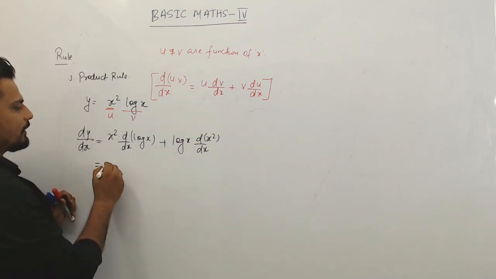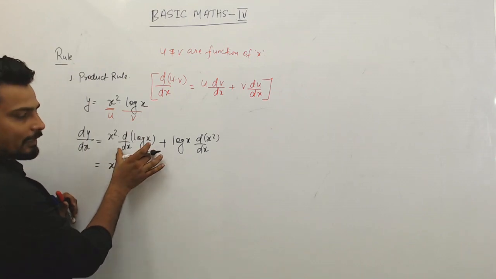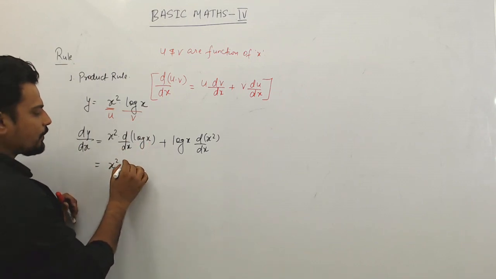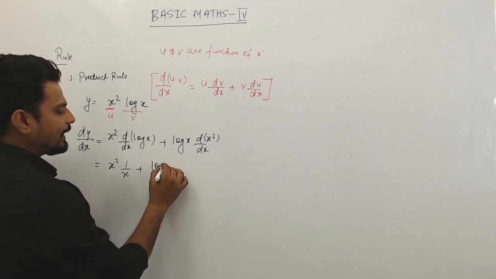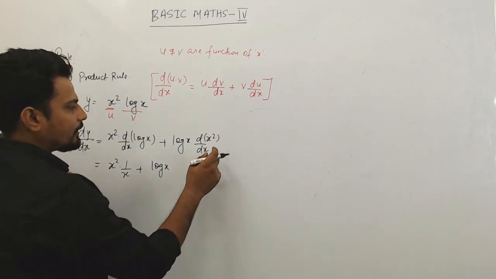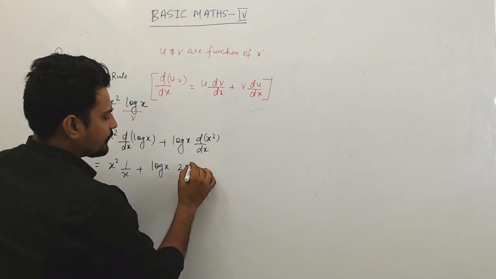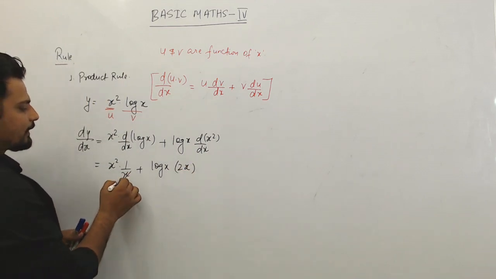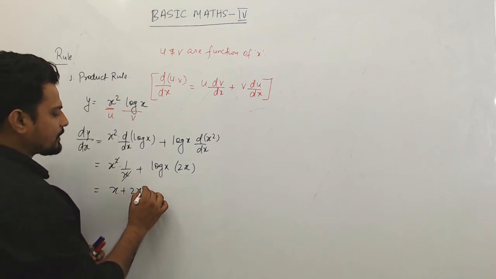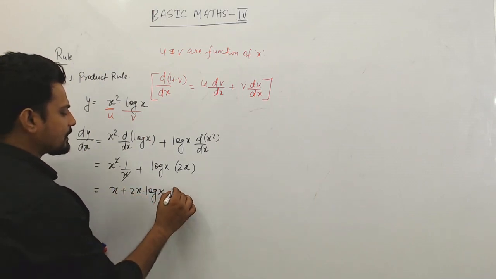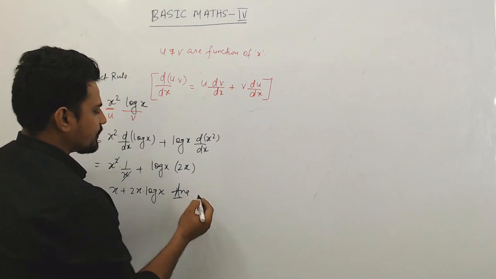Now this is going to be x square times the derivative of log x, which we have just seen is 1 upon x, plus log x being as it is, and the derivative of x square is 2 times x. Well, that's your final answer. You can just cancel it up. You will be having x plus 2x times log x. Yeah, that is your answer.